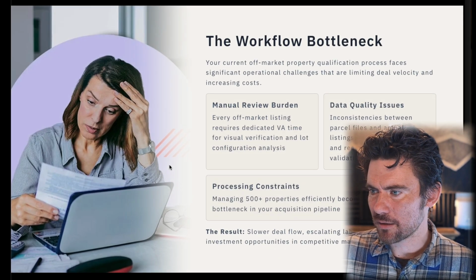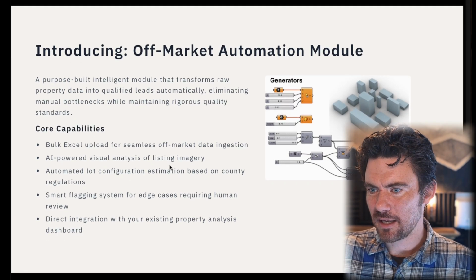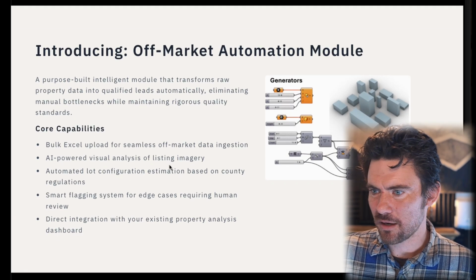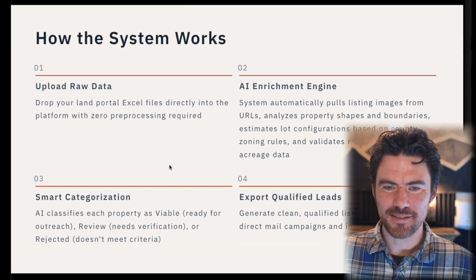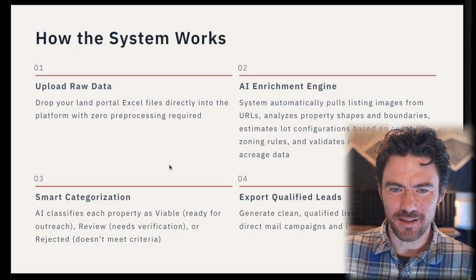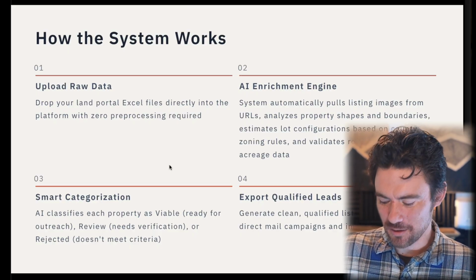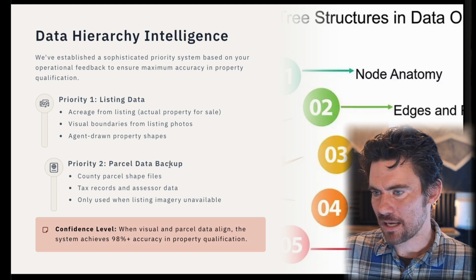So workflow bottleneck, it's created an intro slide, and then introducing the new off-market automation module. How the system works. It has all of these slide formatting prompts already set up in it, so it's always going to look like a professional presentation. And of course, you can tailor as you want.